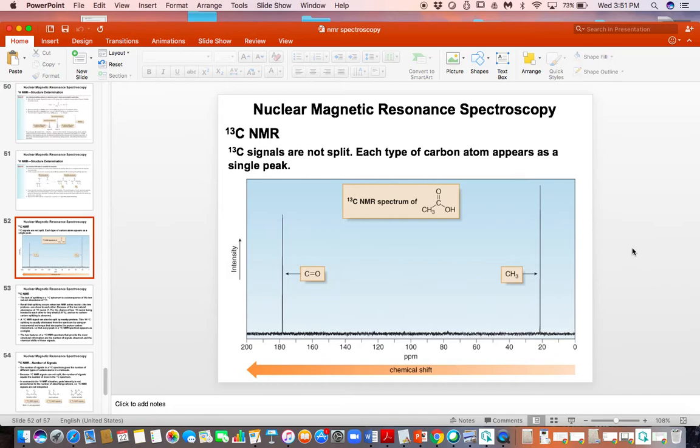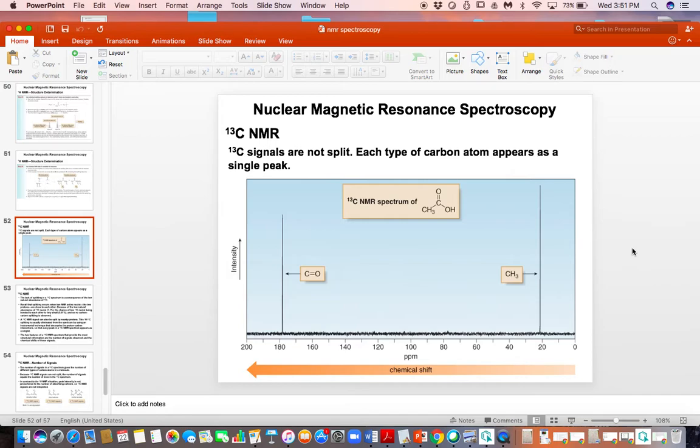So if you have the presence of electronegative atoms, an aromatic group nearby, a carbon-carbon double bond, or a carbon-oxygen double bond, those are all deshielding factors, and you would expect the signal to be further downfield. If you have a carbon-carbon triple bond, that can cause shielding effects, and that would be a signal you would expect to find a little bit further upfield.